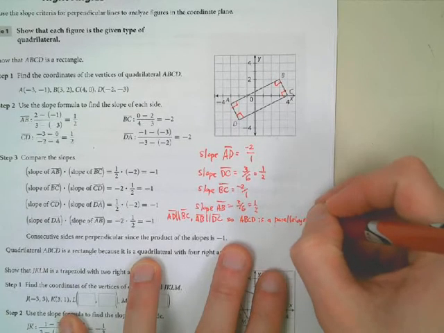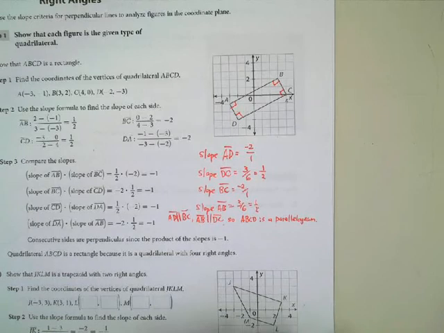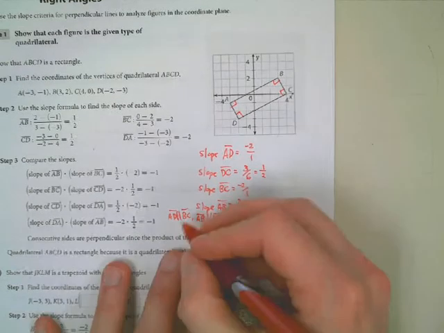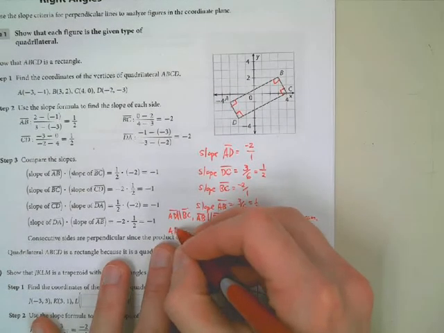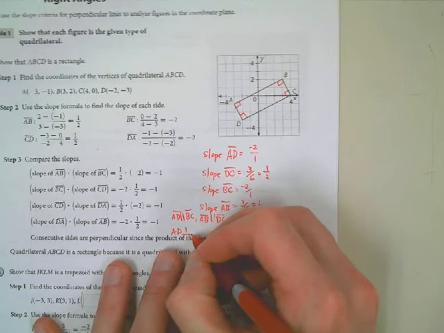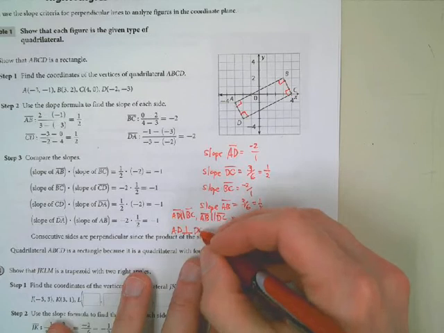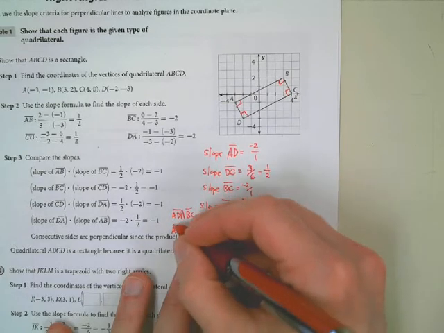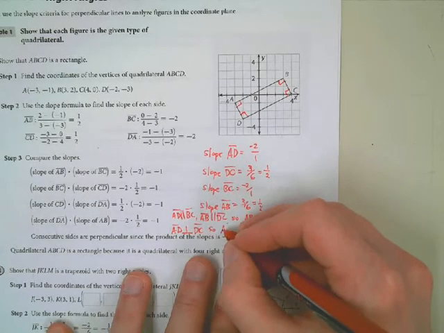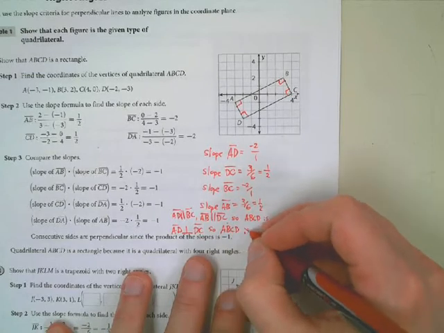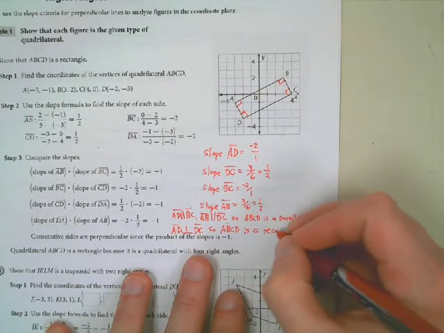Okay? And then further, we can say that AD is perpendicular, and yes, there's a symbol for perpendicular. There it is. It's like an upside down capital T. AD is perpendicular to DC. So ABCD is a rectangle. And that's sufficient. Okay, so two little sentences there.